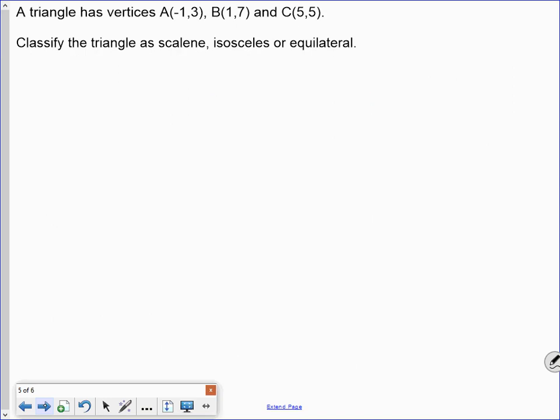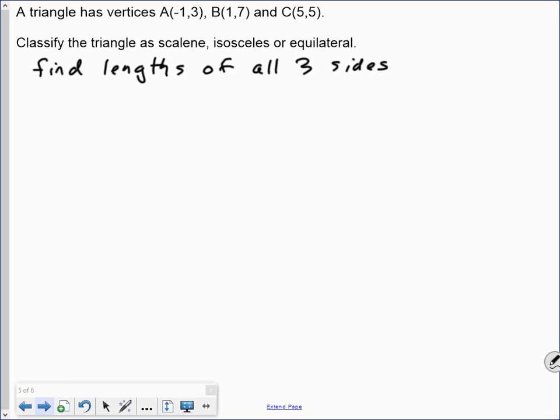The second part, we're asked to classify the triangle as scalene, isosceles, or equilateral. To do this, we are going to need to calculate the lengths of all 3 sides. So let's start with side AB.